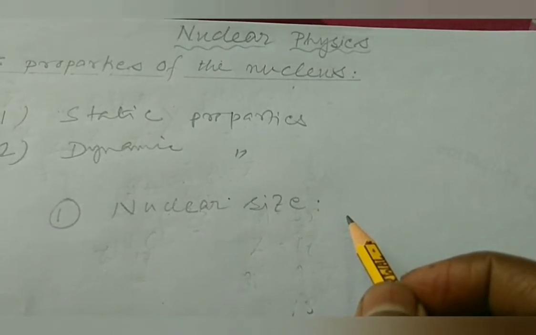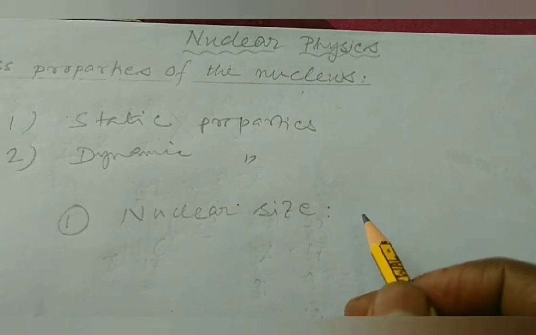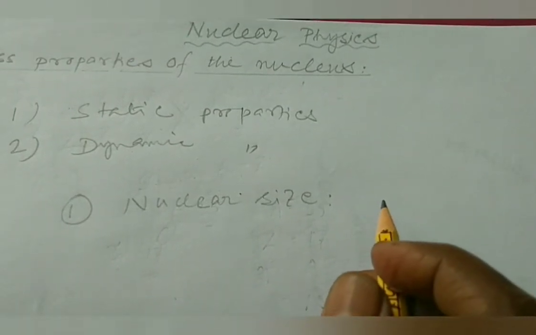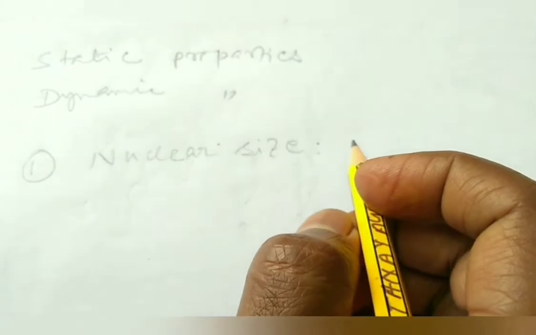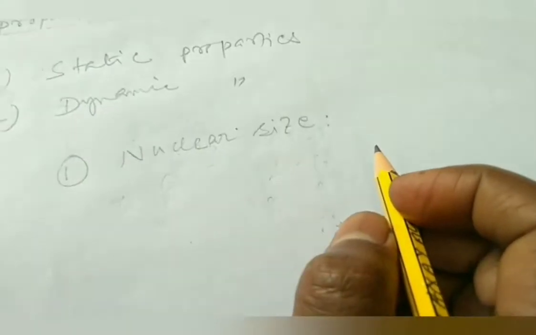Experimental evidence also shows that the distribution of nuclear matter is nearly uniform, so that the nuclear matter density is also experimentally constant.